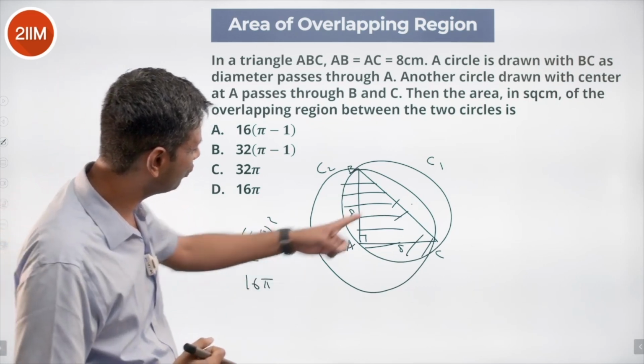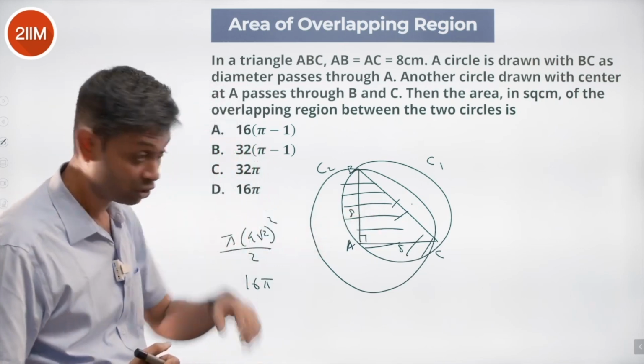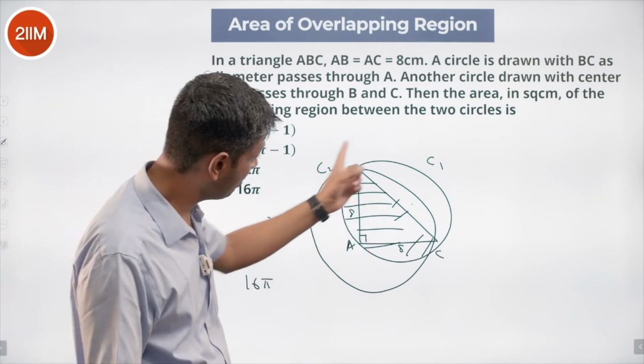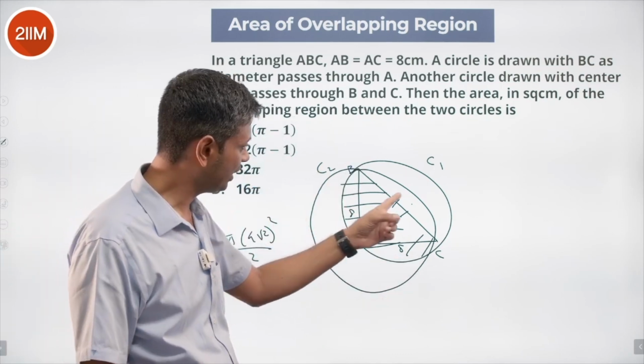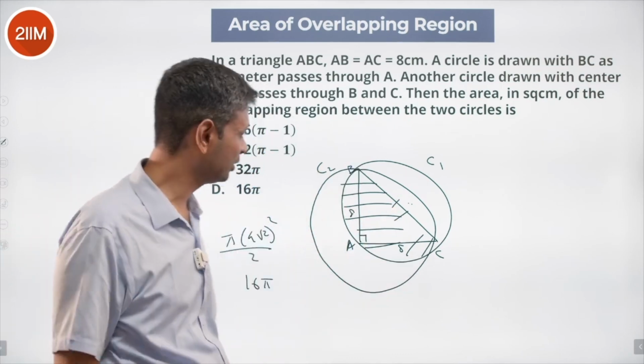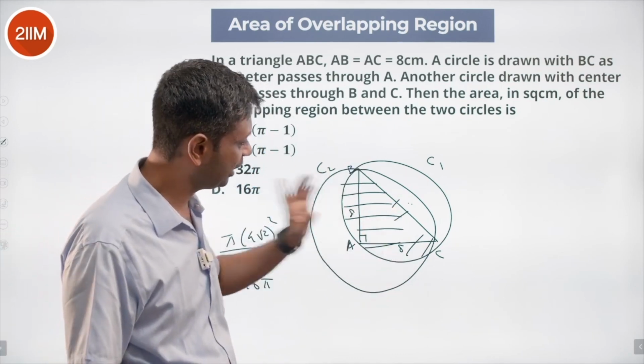Then we need to find the area of overlap between these two. In the bigger circle, circle 2, what is the area of this segment? It is the area of sector minus area of triangle.